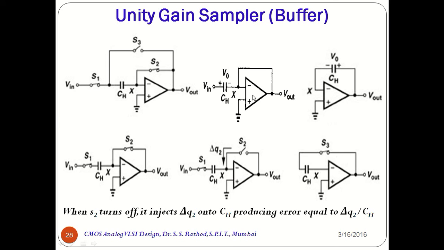Now in the sampling circuit, Vout is equal to Vx is equal to 0, and the voltage across the capacitor primarily tracks the input voltage Vin. So at time t equal to t0, when the input is equal to V0, as shown in this figure, S2 turns off and S3 turns on, placing the capacitor around the op amp and turning the circuit into an amplification mode.